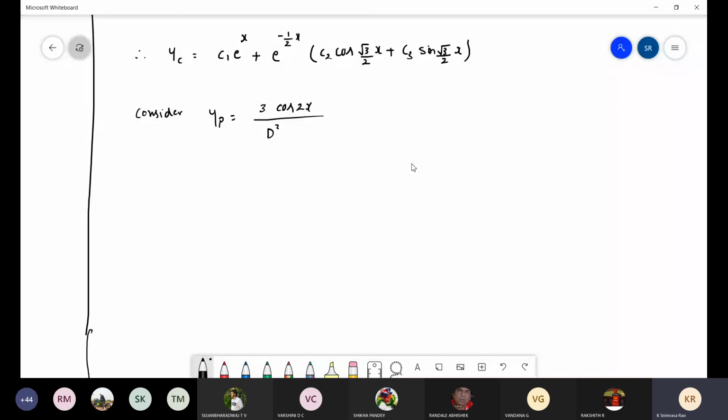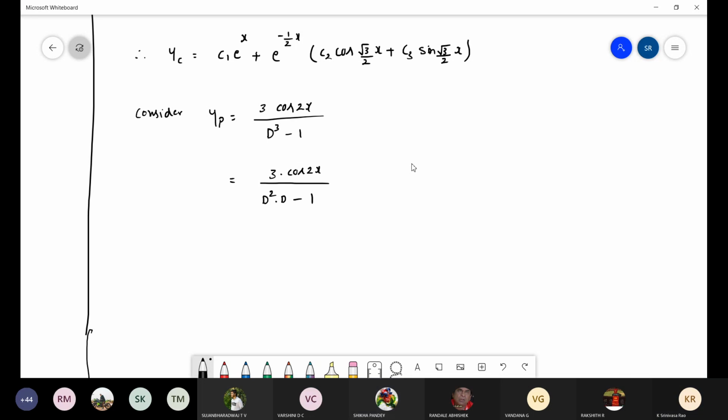What to do here? See, substitution only works for d square. But d cube can be written as d square into d. Can we write like this now? Yes, sir.